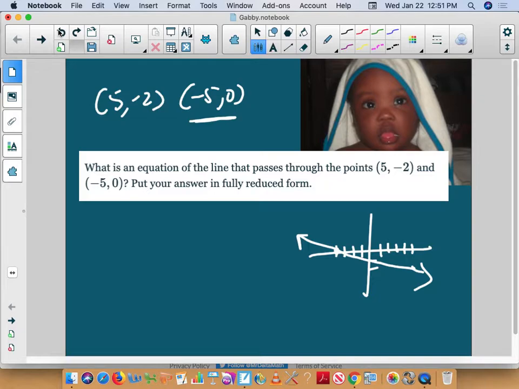When you get all frazzled with the equations and you know you need the slope and you can't remember the slope formula, couldn't you graph it and count it? You could count down and over and you would go, well, I know the slope. Pretty cool, huh? So don't forget you can do that. You can still pull it off without a formula, okay? The formula is also kind of counting down and over because you're doing rise over run.